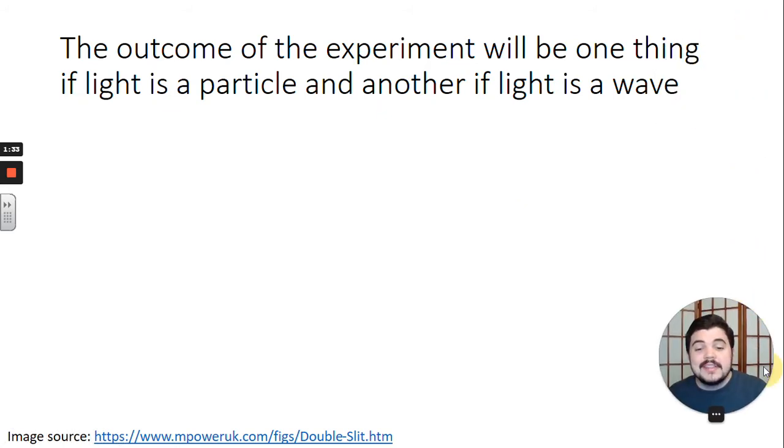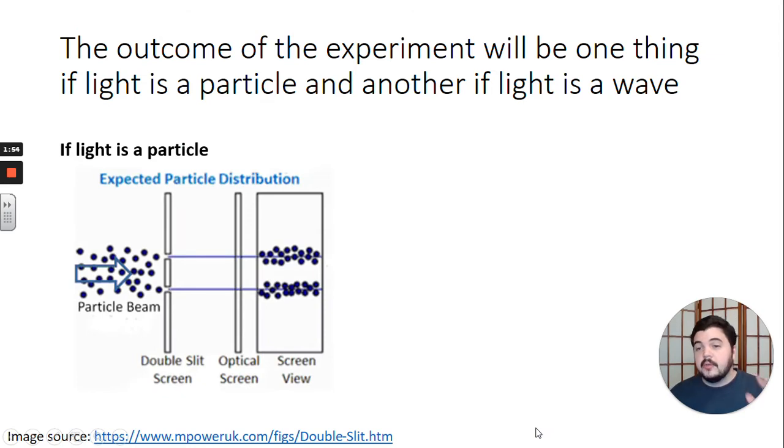The results of this experiment will be different if light is a particle compared to if light is a wave. And so, since this experiment gives different predictions for those two different hypotheses, we can use it to figure out which light actually is. So, if light's a particle, that's our diagram on the left.